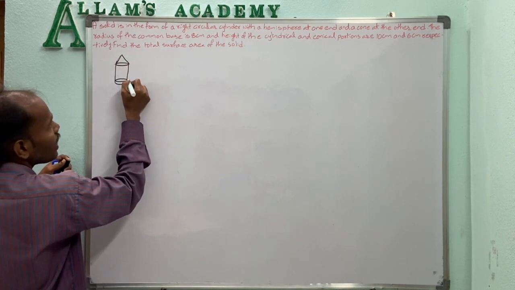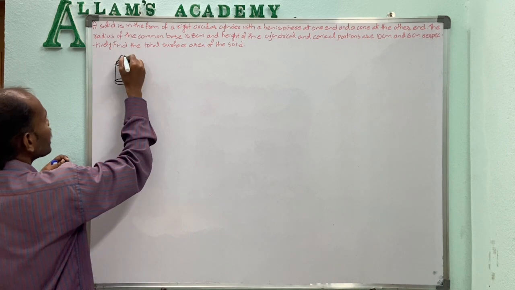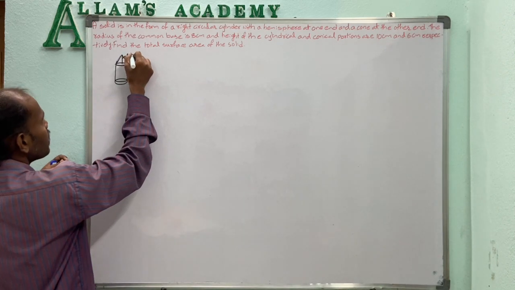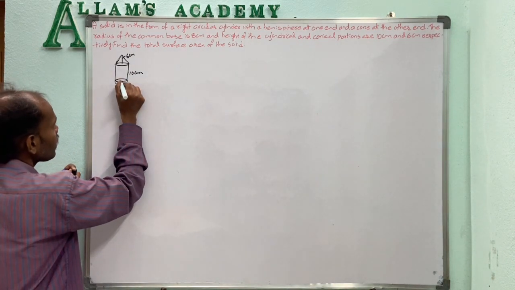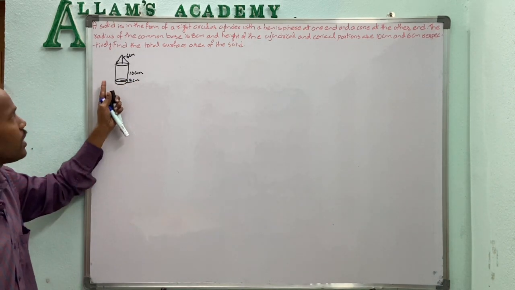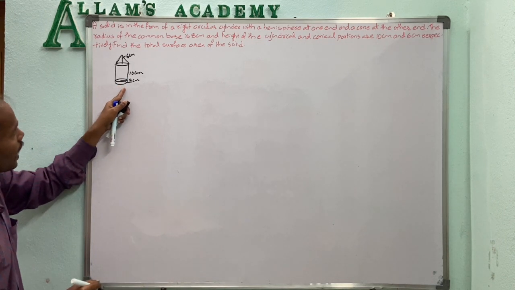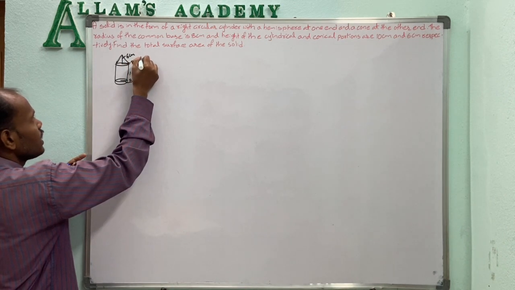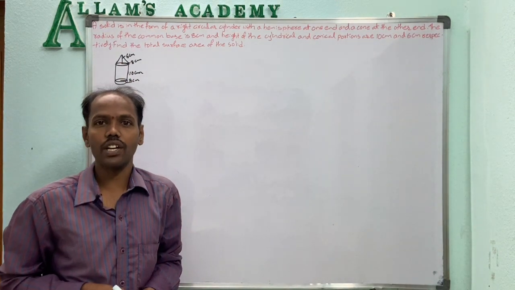The height of the cylinder is 10 centimeters, the height of the conical shape is 6 centimeters, and the base radius of the cylinder is 8 centimeters. So the base radius of the hemisphere and the base radius of the cone are also 8 centimeters. Okay, now by using this information we find it.